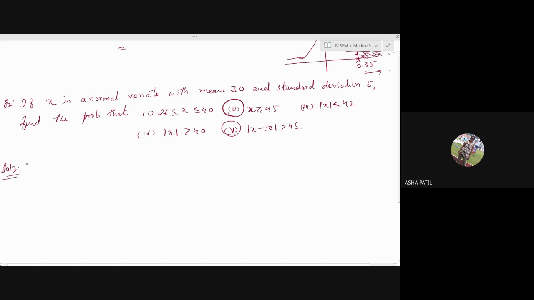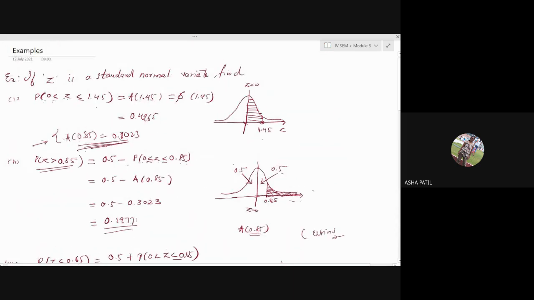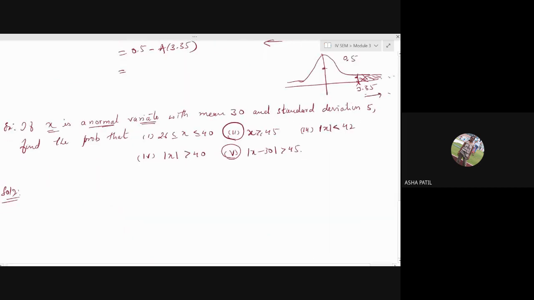Read the question correctly. What they have mentioned is X is a normal variate. In the earlier example, Z is a standard normal variate. Now it is mentioned that X is a normal variate, not a standard normal variate.